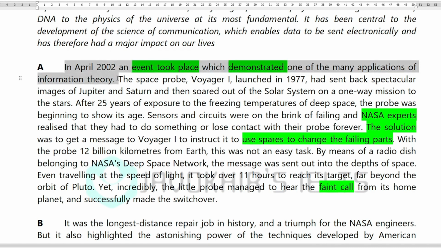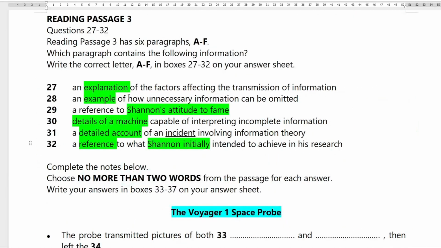So once again, if you just literally pay attention to the first paragraph, most of the time they talk about the main idea in the very first paragraph, or usually in the middle between the details or explanations. However, you have to know that matching features are not like matching headings.